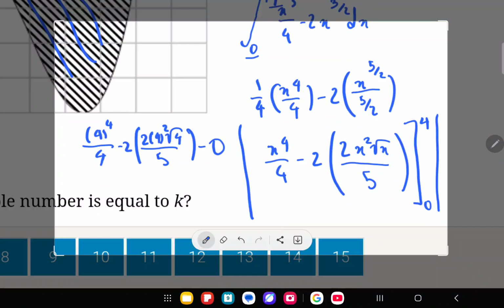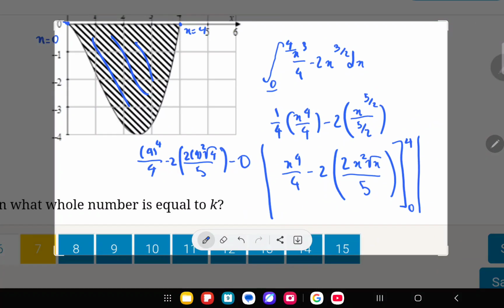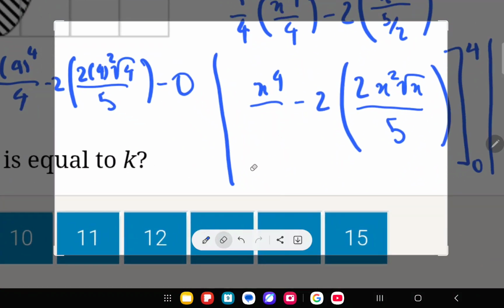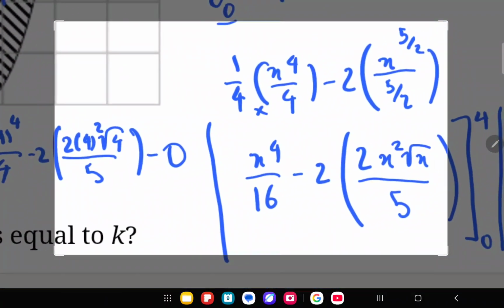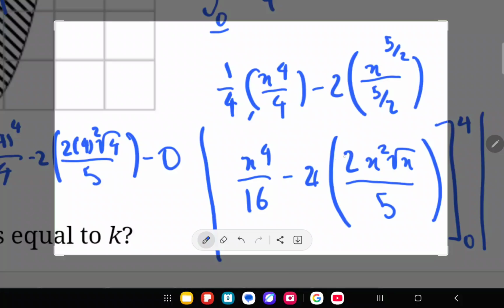So 4 power 4 over 4, minus 2. Okay guys, sorry, I made a mistake here. You're supposed to put 16 in here because I forgot to multiply 4 by 4 here. And just to simplify it, we'll multiply 2 by 2 here and we get 4.